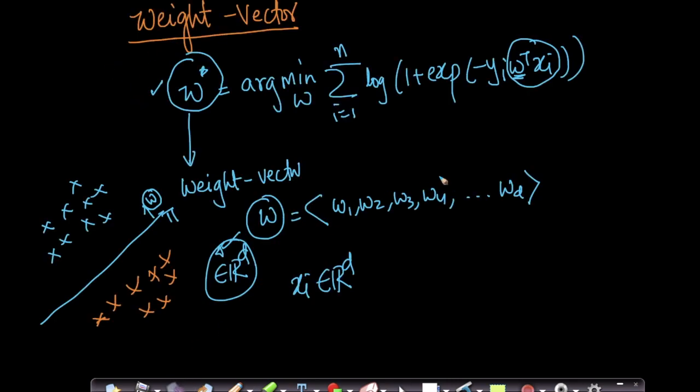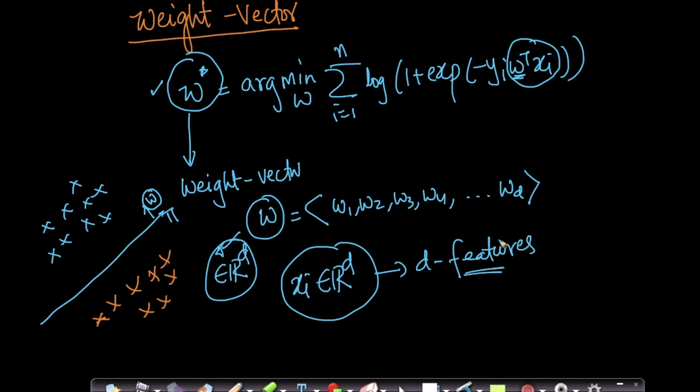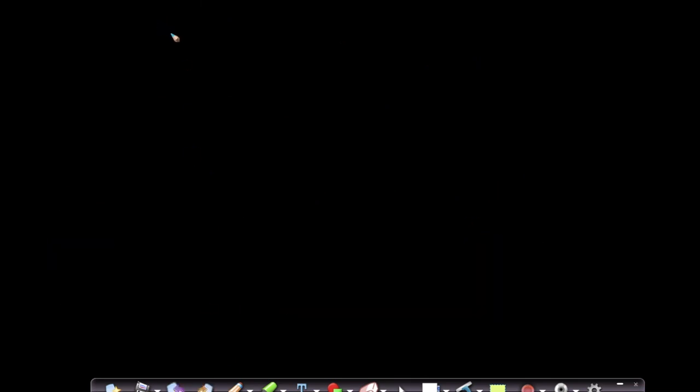Remember, each of your data points is a d-dimensional data point, which means there are d features. We use the word feature and dimension interchangeably. So if I have d features, my weight vector is W1, W2, W3, and so forth, WD.